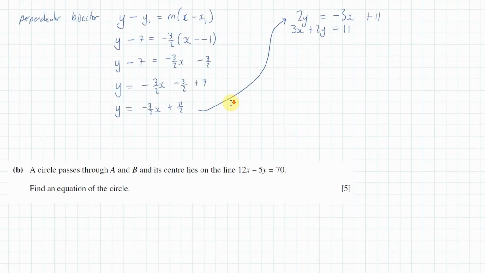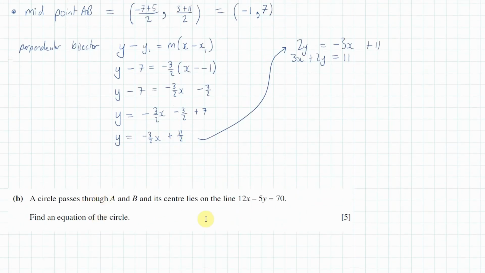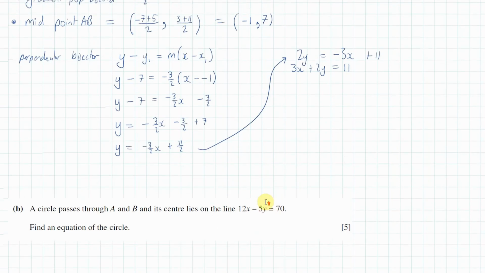Alright. Now, the next one, a circle passes through A and B. Those are the points that we had here at the top. And its center lies on this here, 12x minus 5y. And we've got to find the equation of the circle.